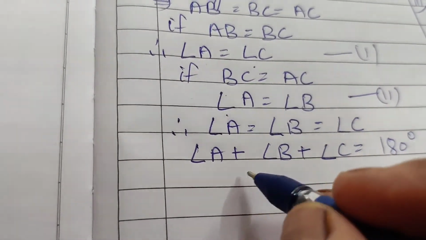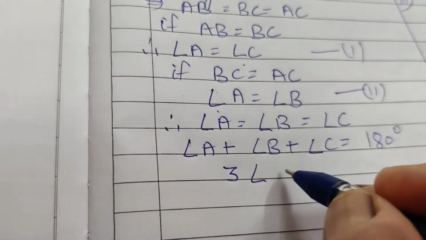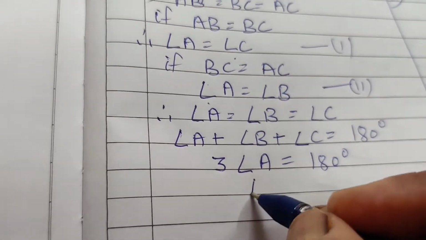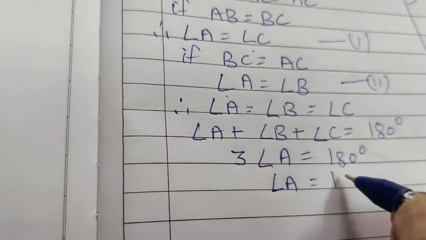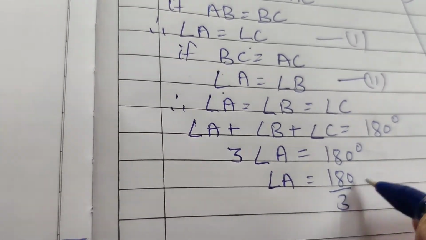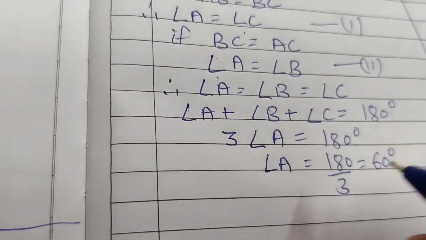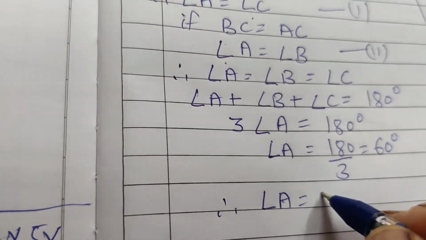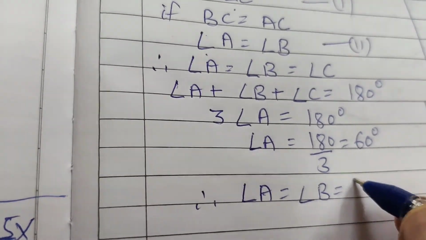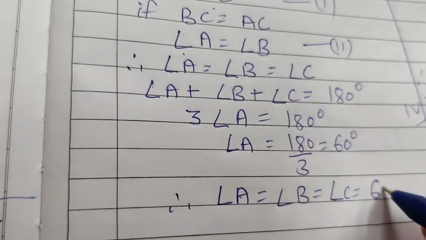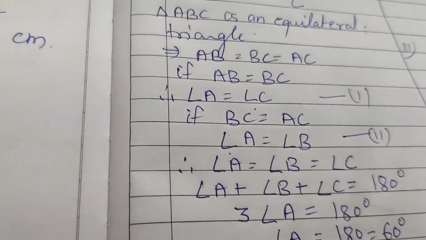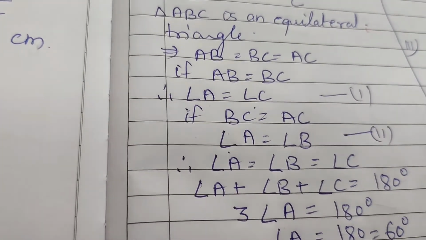So 3 times angle A equal to 180 degree. Angle A equal to 180 by 3, 60 degree. Therefore, A equal to B equal to C, all are 60 degree. This is the proof that each angle of an equilateral triangle is 60 degree.